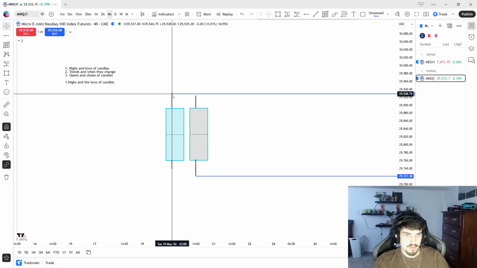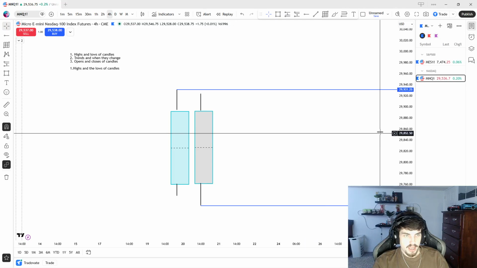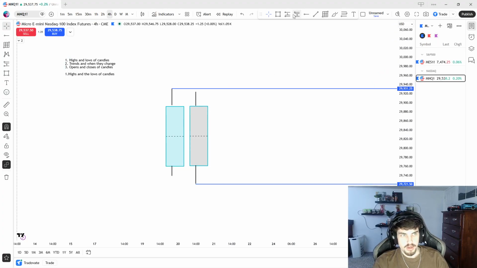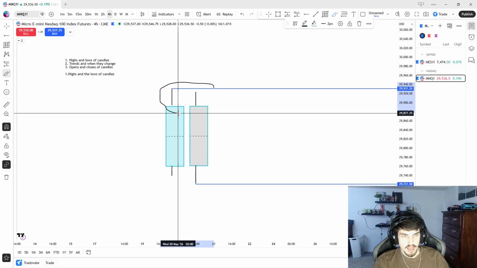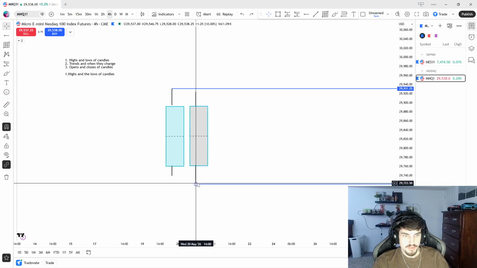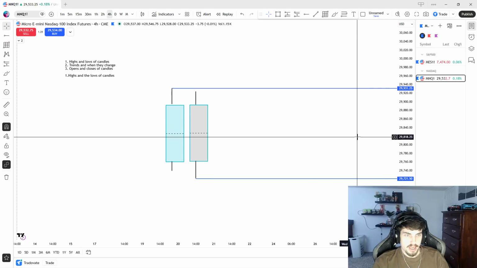Like this, boom. And we put it at the top of the wicks of the candle. And when we are identifying the draws on liquidity, we are noticing that they are at high and low points within candles.